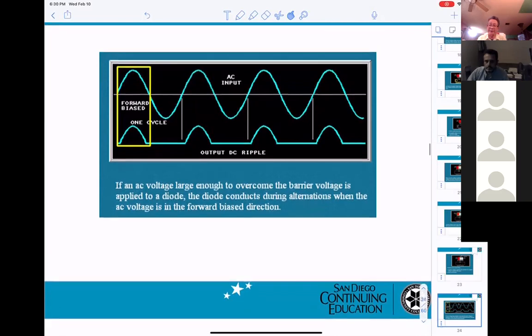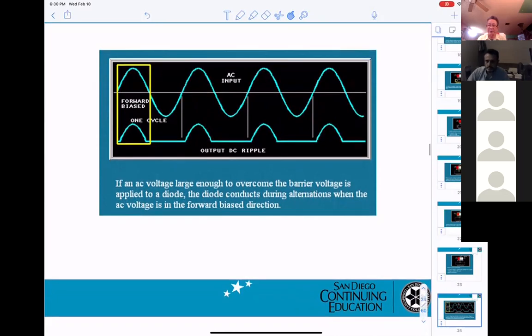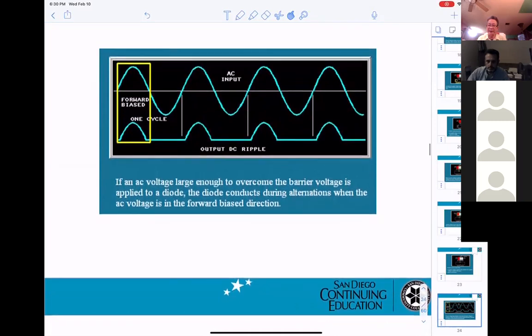When you get a positive, you turn on the diode, so the signal comes out exactly the same. However, when you get the negative, you turn off the diode, so nothing comes out. So that's what we call a half-wave rectifier. Now, what does that mean for rectification?